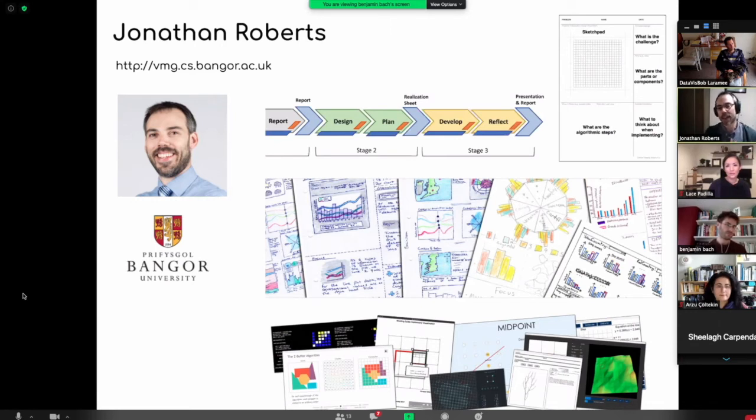And finally, going back, we've gone full circle now. Sheelagh at the beginning was talking about this idea that guidelines are great for learners to follow. And I actually think that learners should follow them diligently, but also for experts to break.